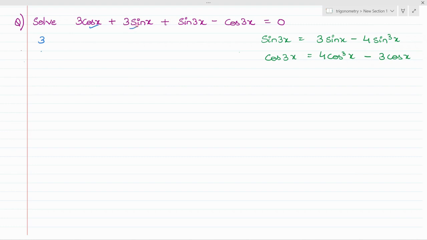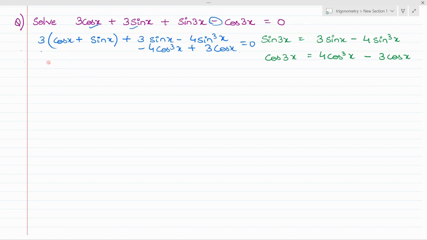Take 3 common in these two values. You can write cos x plus sin x. And here, when you substitute, it becomes 3 sin x minus 4 sin cube x and minus 4 cos cube x plus 3 cos x is equal to 0, because this is minus over here.